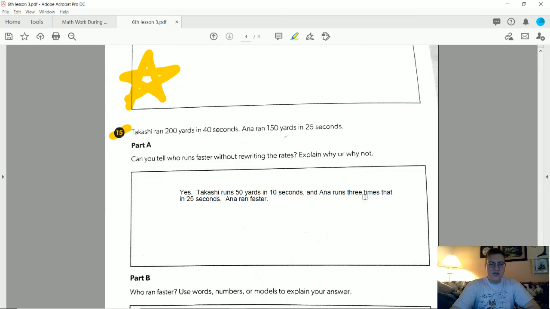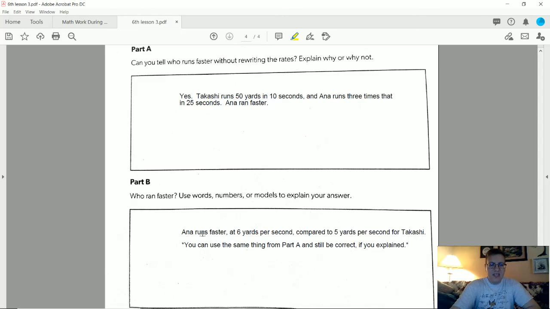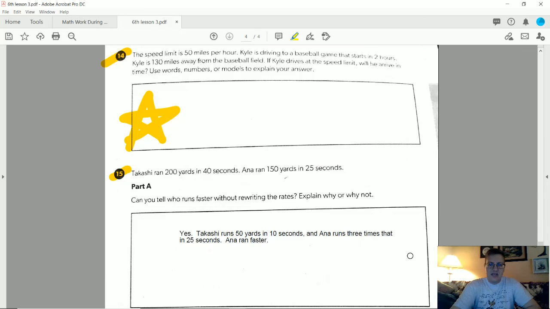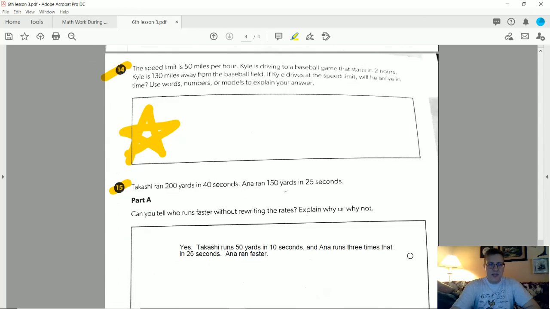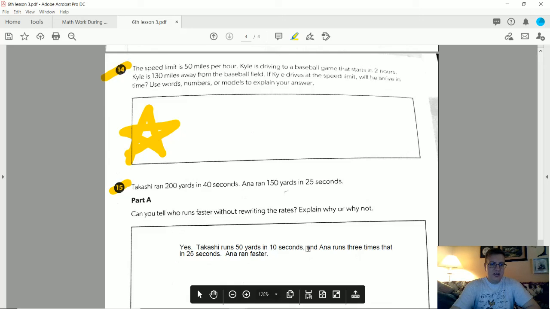So Anna runs 3 times the amount in 25 seconds as he runs in 10 seconds. And so if I were to break it down, Anna runs 6 yards per second compared to 5 yards per second for Takashi. So probably not the best way of explaining it verbally, but the written answer should make sense for everyone.